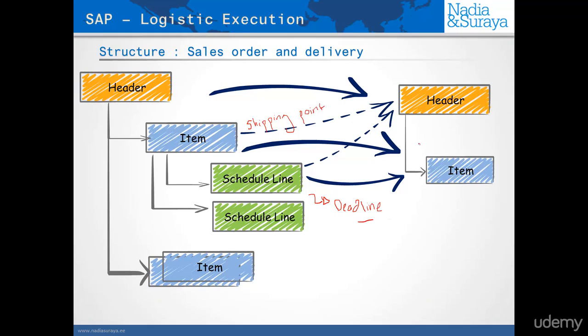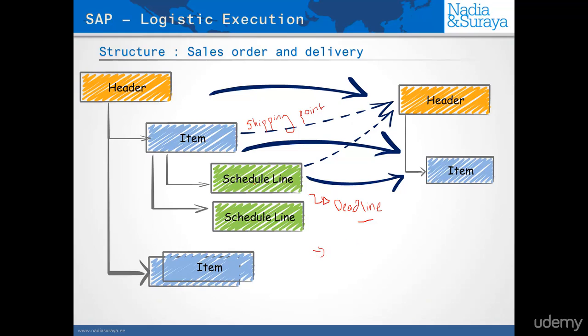In the schedule line we have the deadlines, so the delivery dates, the goods issue date, and the recommended delivery dates are all copied onto the header level.